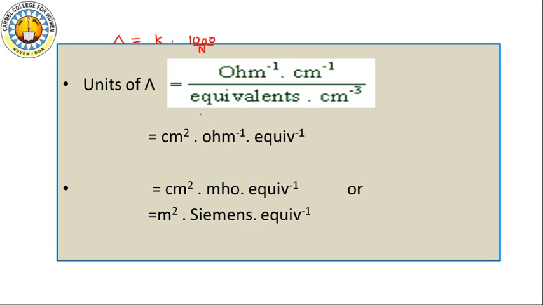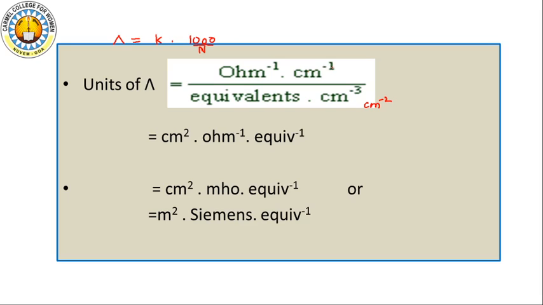So, if you cancel out 1 centimeter inverse from here and 1 centimeter inverse from here, what will remain in the denominator is centimeter minus 2.